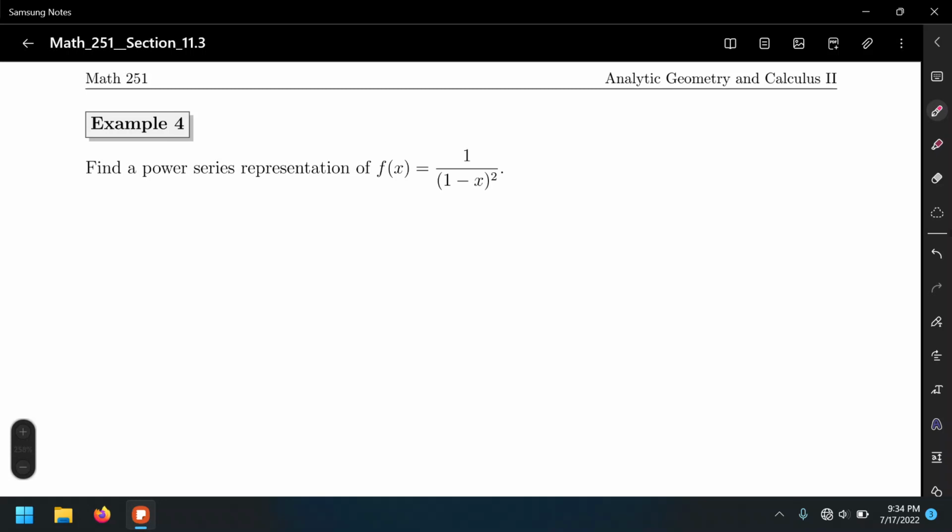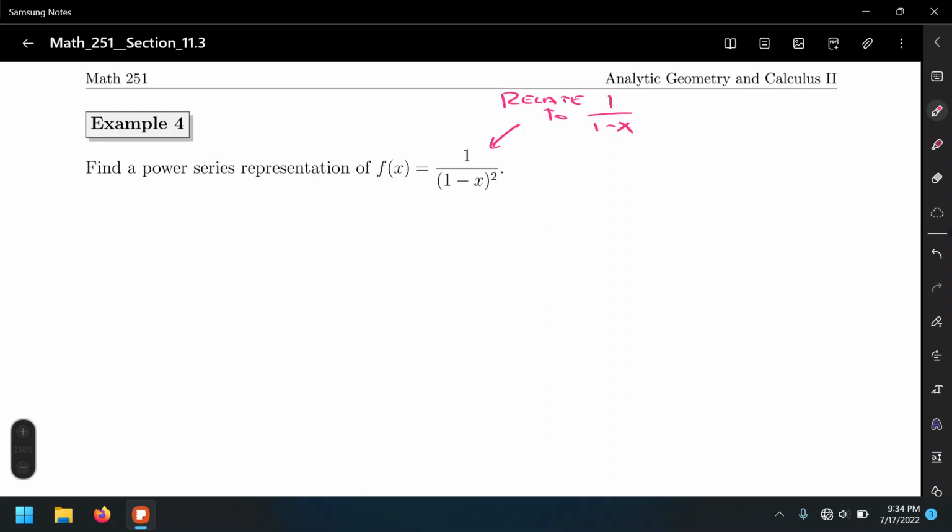We still need to relate this 1 over 1 minus x quantity squared to 1 over 1 minus x. It may not be that straightforward, but if we think of calculus of functions, we can think of the function whose derivative is this one.